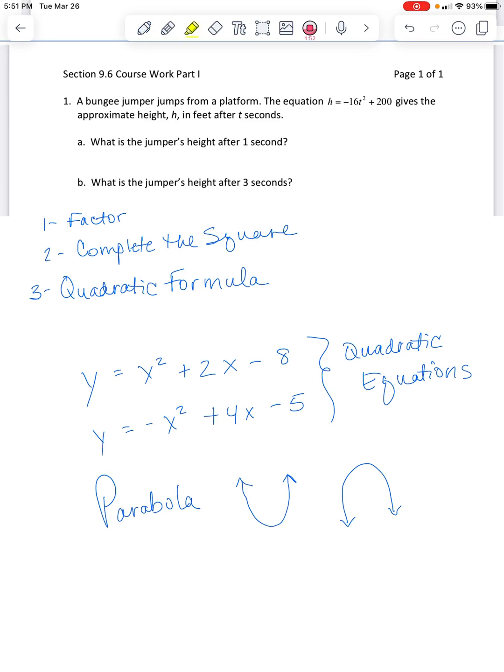We can tell by looking at the equation which way the graph is going to go. We look at this term right here. If it is positive, then we know it will be a positive graph. It will turn upward, and this one here is positive.